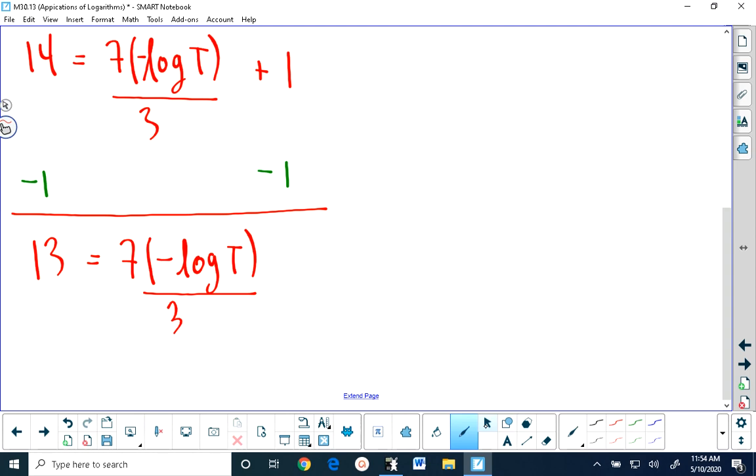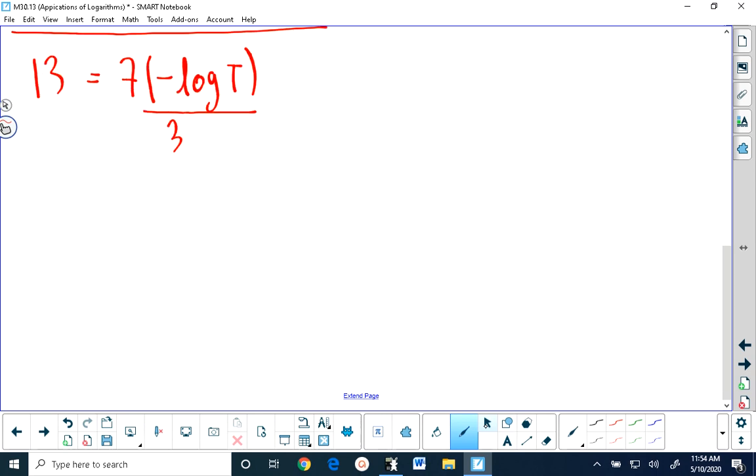And then we have to get rid of the 7 and the 3. We can get rid of the 3 by multiplying both sides by 3, and we can get rid of the 7 by dividing both sides by 7. In other words, if we take 3 multiplied by 13 and divided by 7, we're going to get the negative logarithm of T. Well, let's see what we get.